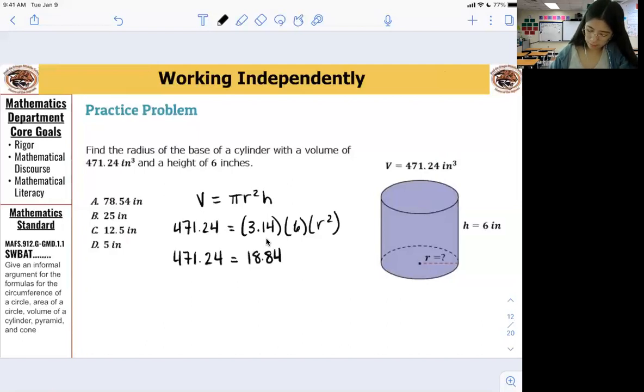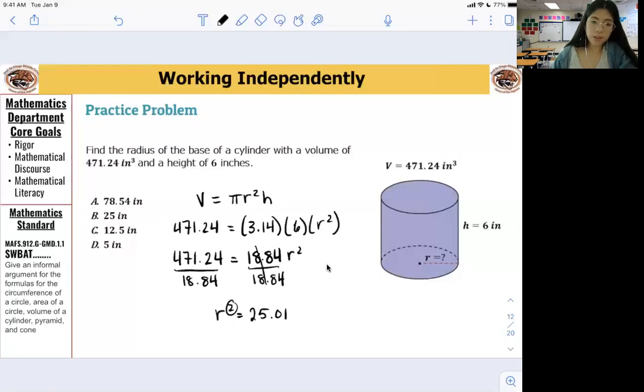Good. Times r squared. To get r by itself, I'm going to have to divide by this. And when you divide, what do you get? 25.01.